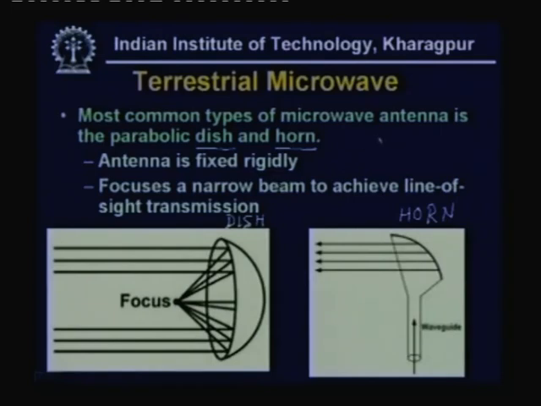So the antenna must be placed very rigidly in one place with the help of some structure. Then you can have point to point communication between these two antennas. So it can focus a narrow beam to achieve line of sight communication, as I mentioned, with the help of these two types of antennas.